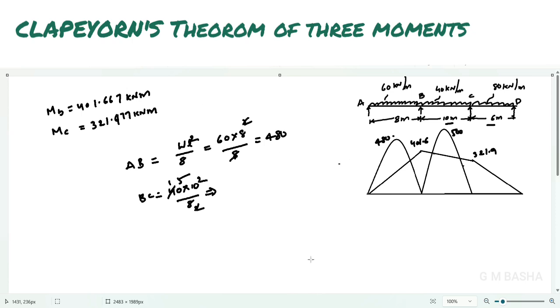And another one will be this CD, which is 80 into 6 square by 8, 1 times, 10 times, 360 kilonewton meter. So I will draw based on this ordinate. So 360 will be higher than this one and lower than this 400. Okay.